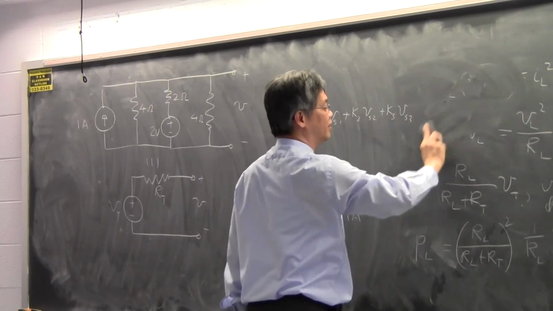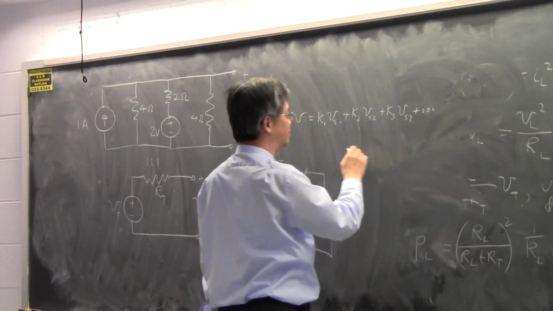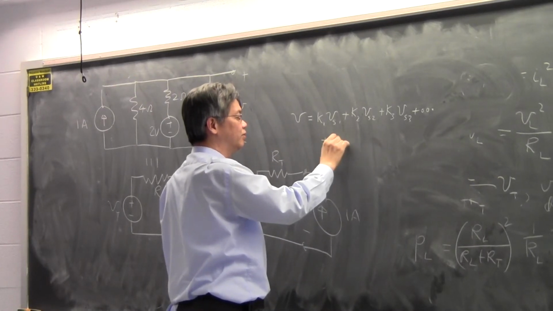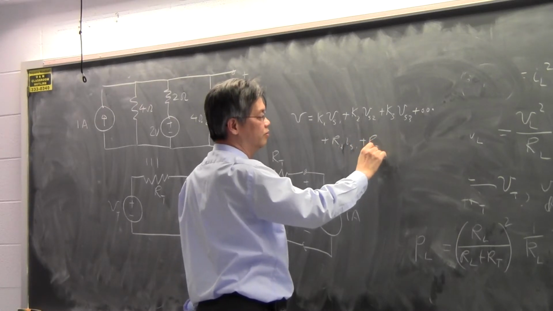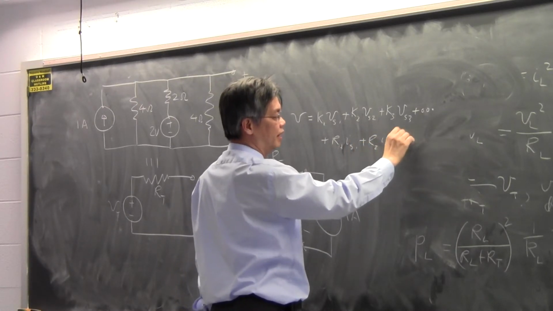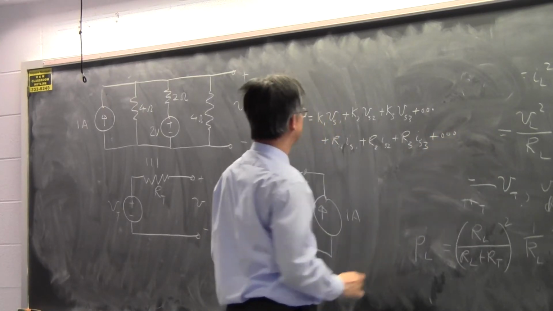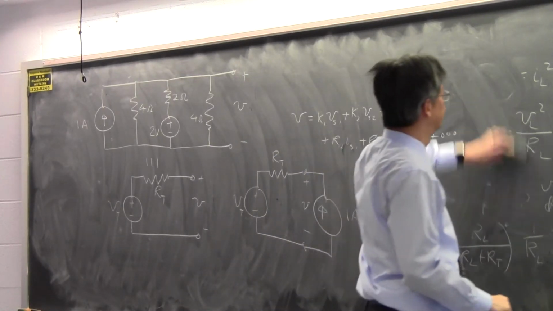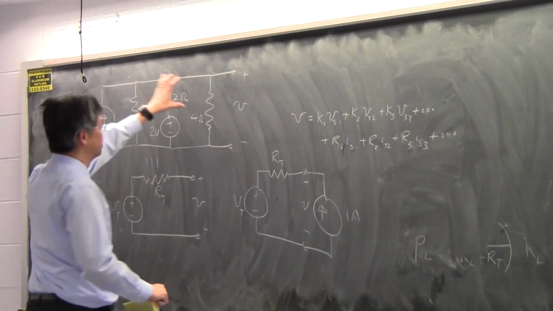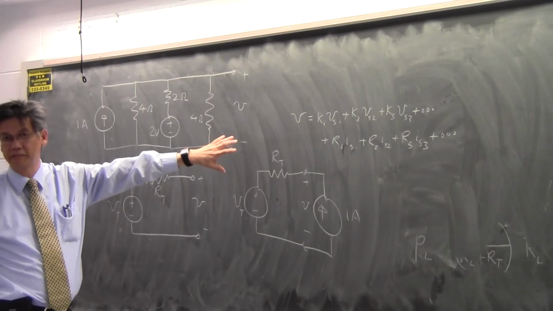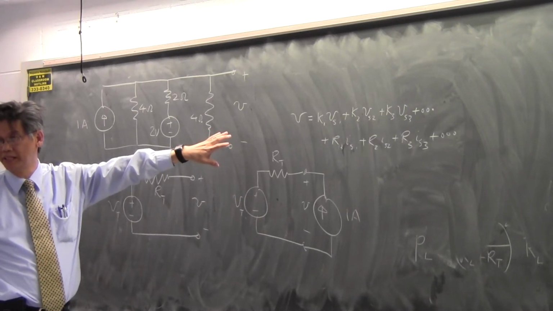It doesn't matter. You can have as many sources as you want, dot, dot, dot, and represent the rest. And then you can have your current sources, R1 Is1 plus R2 Is2 plus R3 Is3 plus dot, dot, dot. The circuit can be represented in this mathematical form just from the principle of linear superposition and linearity.